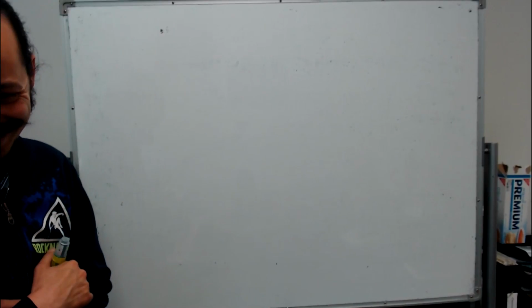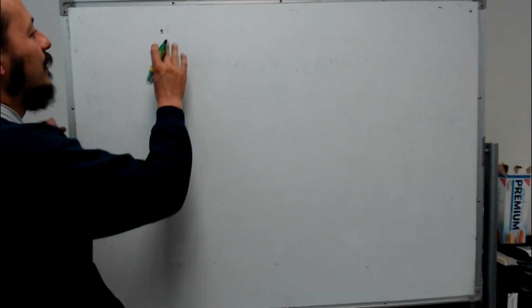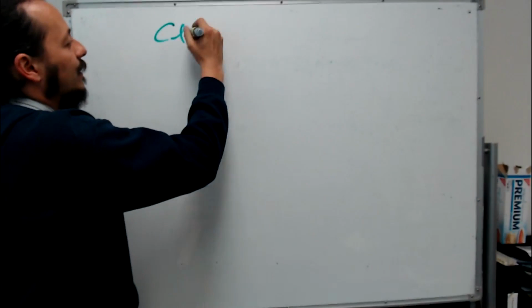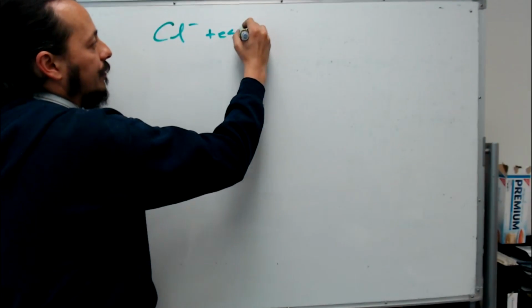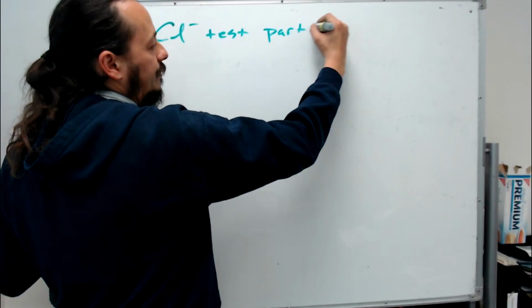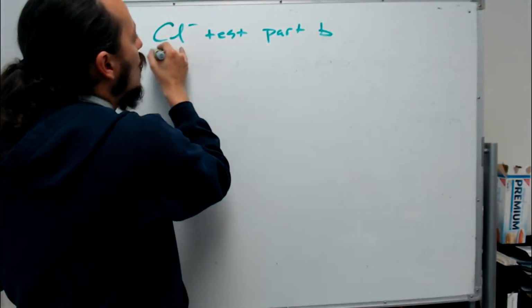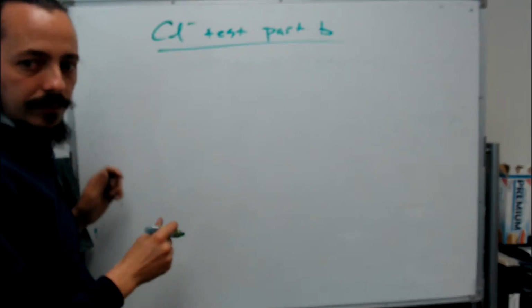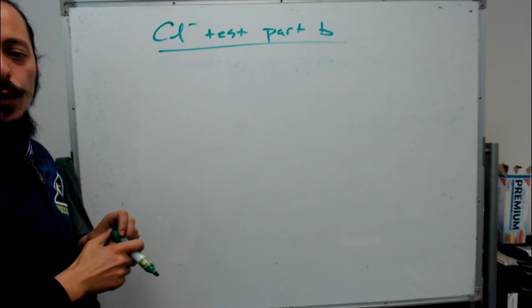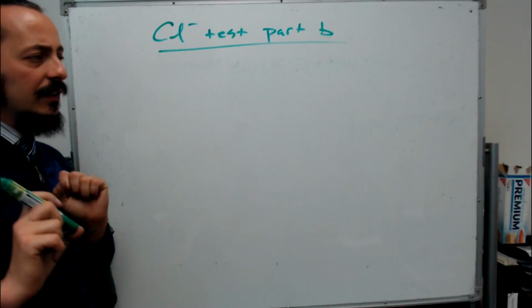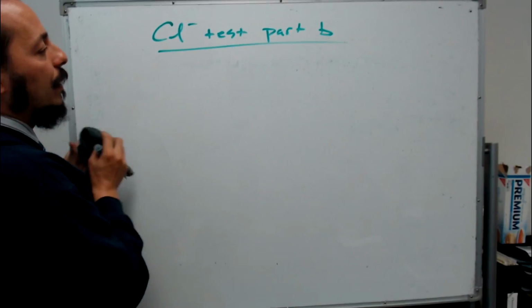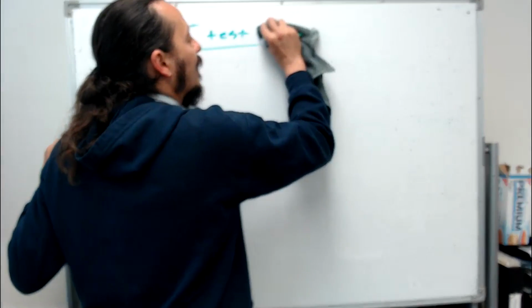Okay, so for part B of the chloride test, I just don't even really get what's happening. So let's slow down. Let's think about the chlorine test overall, so we can think about what it's trying to get to.